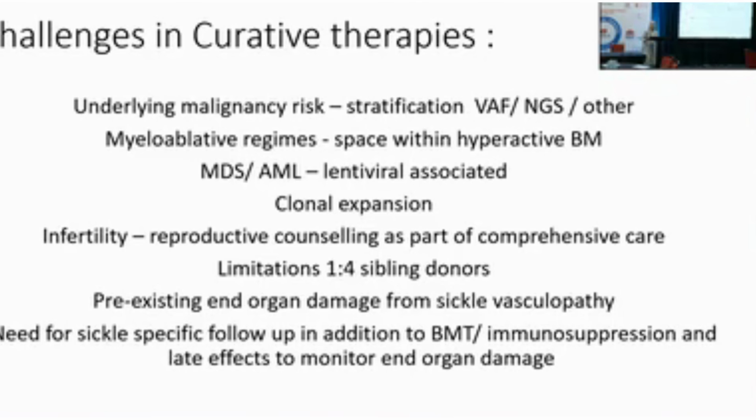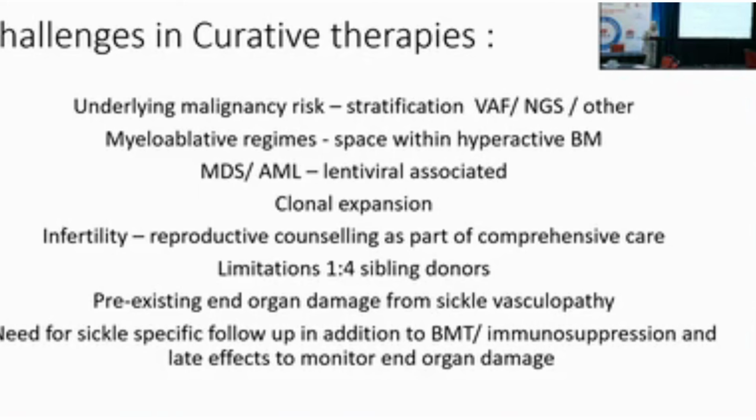In my summary, this is my last slide, which just relates to what are the challenges in some of our curative therapies. I think it certainly would be true to say, similar to the whole population, we are seeing the signal for some malignancy risk, and so thinking about how we make a good risk-based assessment of that is challenging.